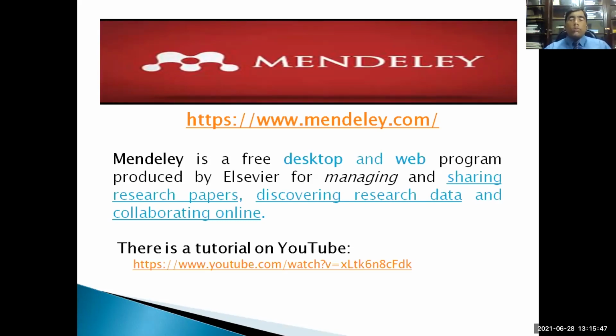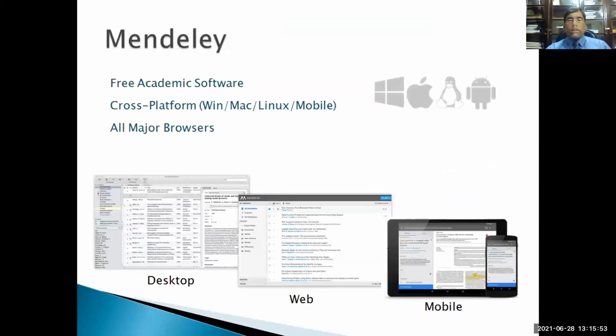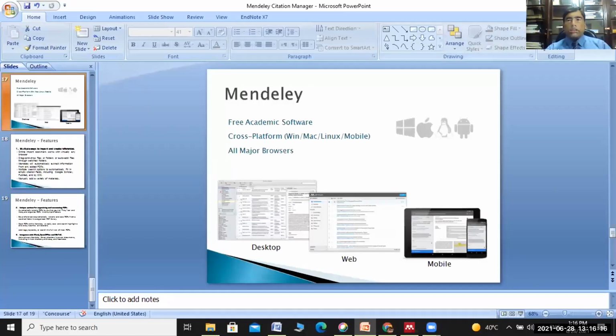If you want to watch a tutorial, there are tutorials on YouTube as well as on the following link. It's a free academic software that works across platforms like Windows, Mac, Linux, and mobile phones, and works well on all major browsers. To see how it works, we'll head on to the practical demonstration of the various features of Mendeley.